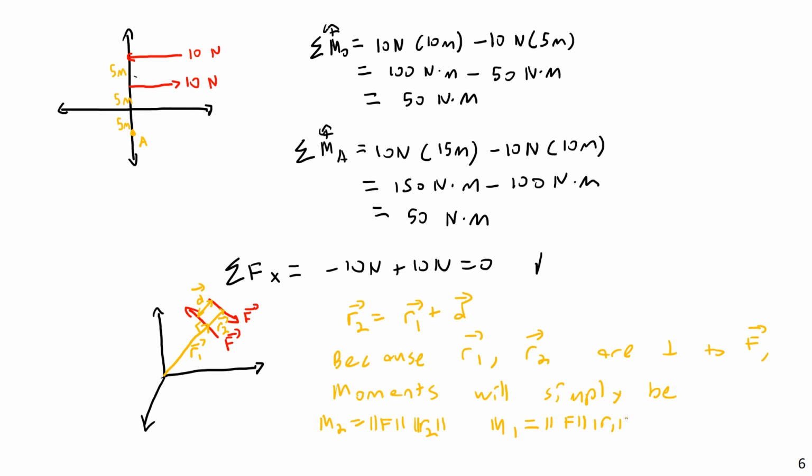And again, because everything is aligned here, if I take the moments about the origin, in R2's case, the part of it that overlaps R1, that portion of the moment arm will cancel out, and the only part that will be left over is that D. So only the moment produced by the distance between the vectors is not canceled out.